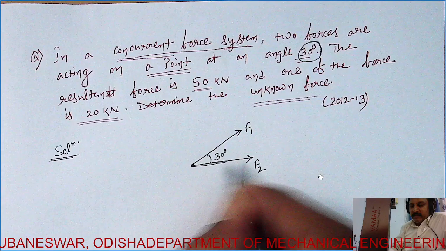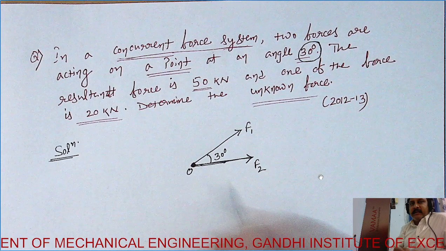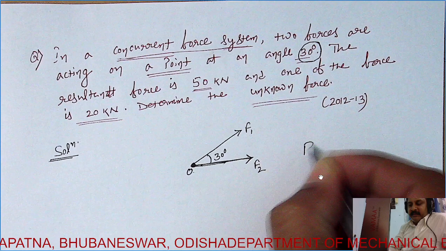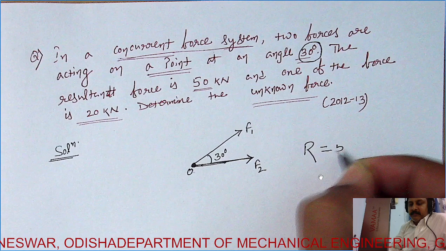Now these two forces are meeting at this particular point, let us take this point as O. So this becomes a concurrent force system, where two forces F1 and F2 are acting at point O at an angle of 30 degrees. For this, we are taking the resultant as R. So R is given as 50 kilonewton.